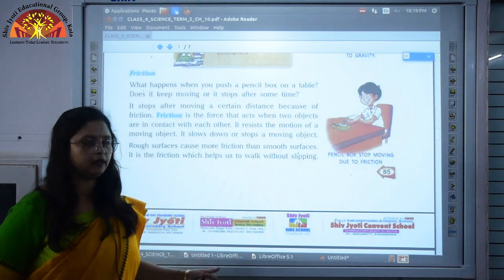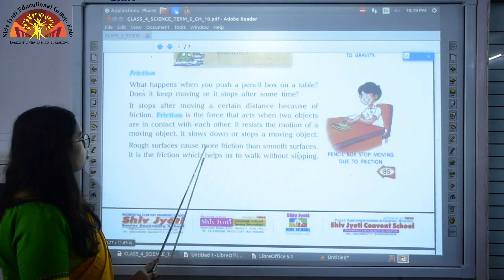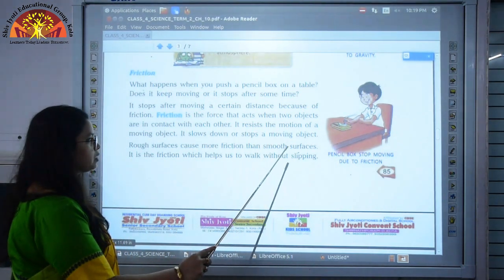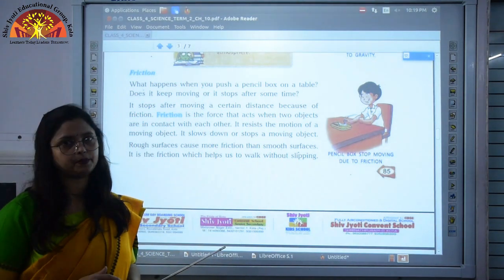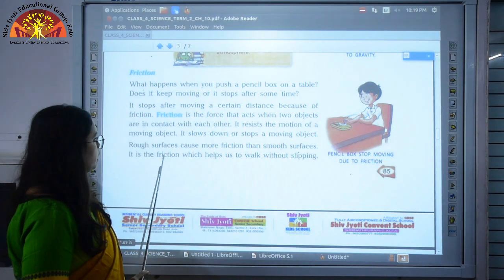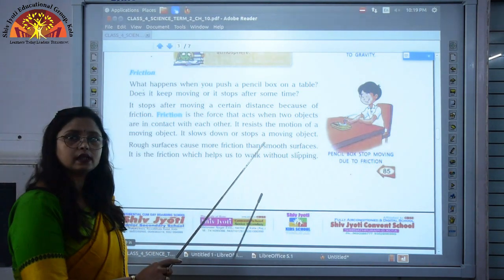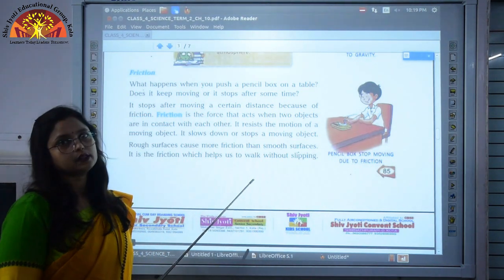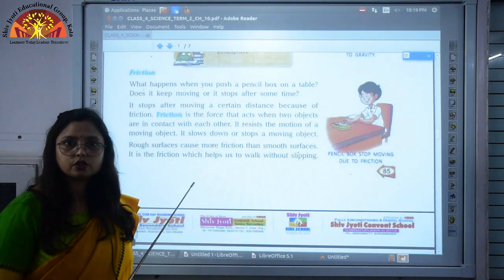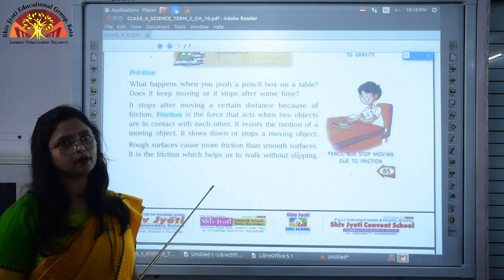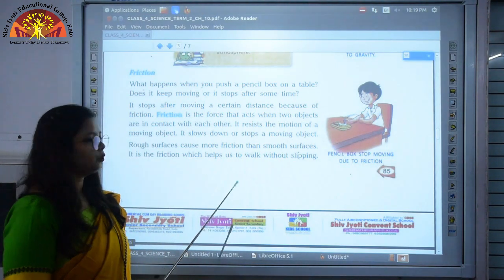One more fact is here, children, that rough surfaces cause more friction than smooth surfaces. So, if we try to walk on a smooth surface, we slip down, but on a rough surface we are able to walk easily without slipping. Why is this so? This is because of the force of friction, which is more at a rough surface than a smooth surface.